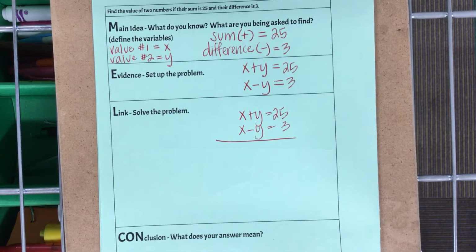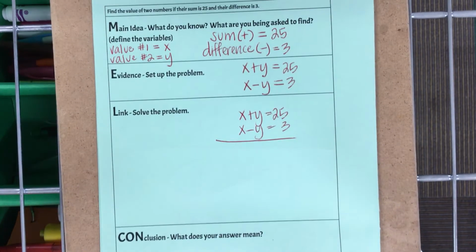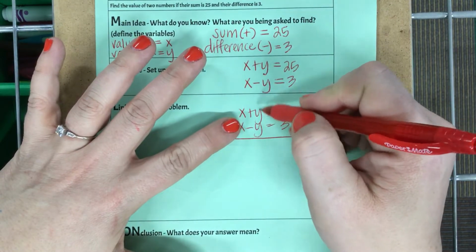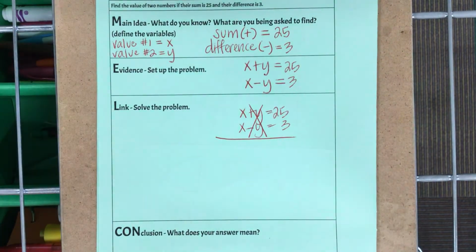Yeah, but we don't want to, right? Do you want to substitute? No, not really. You want to eliminate? Why? There's a positive y and a negative y. Yeah, my y's are perfectly aligned to be eliminated. Boop, boop. Bye-bye.